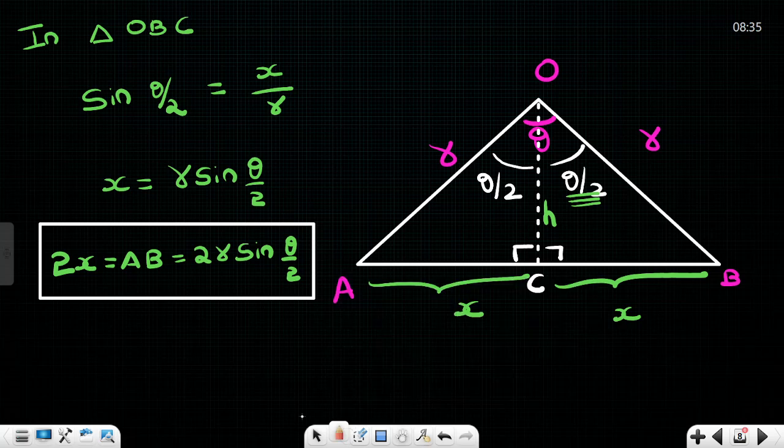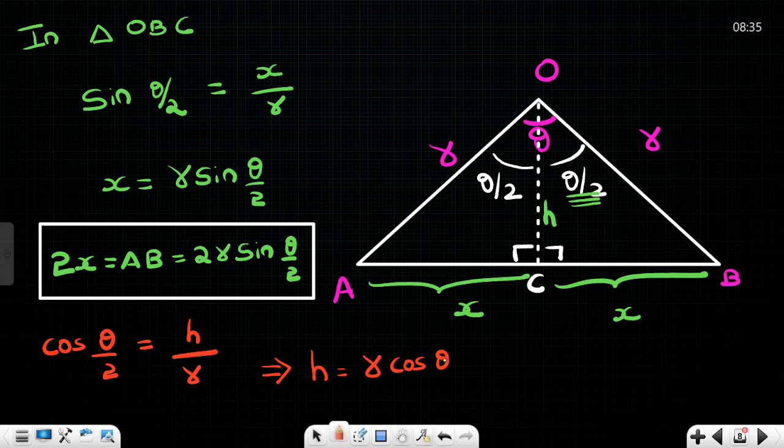How do we find the height? We can use another trigonometric ratio, that is cos theta by 2 in the same triangle is adjacent side h divided by hypotenuse r. Clear? Any doubt? See carefully. Adjacent side h by hypotenuse r, which implies the h value is r cos theta by 2.